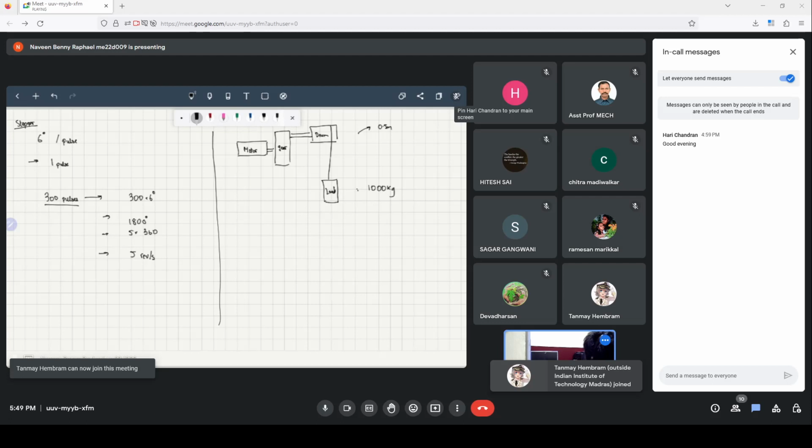Because the load is 1,000 kilograms, we know that the tension in this pulley will be T is equal to mg, which is equal to 9810 Newton. So that means the drum requires a torque.